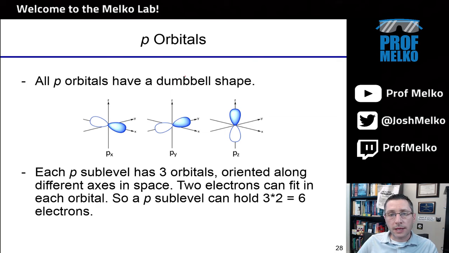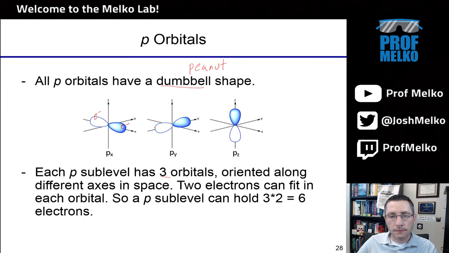P orbitals, it says dumbbell here, but I like to think of it as a peanut shape. S for sphere, P for peanut. And each p sublevel has 3 orbitals. So unlike the s sublevel, 1 orbital, a p sublevel has 3 different orbitals. Okay, 2 electrons fit in each orbital.